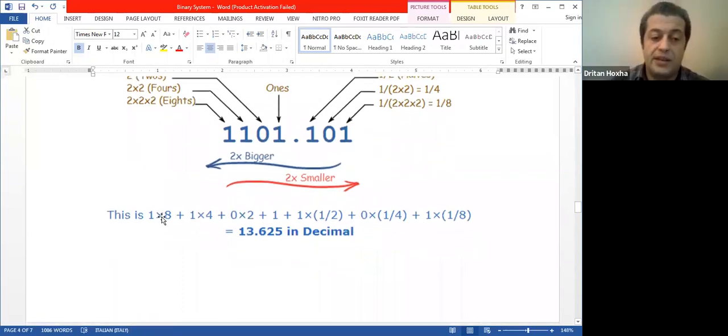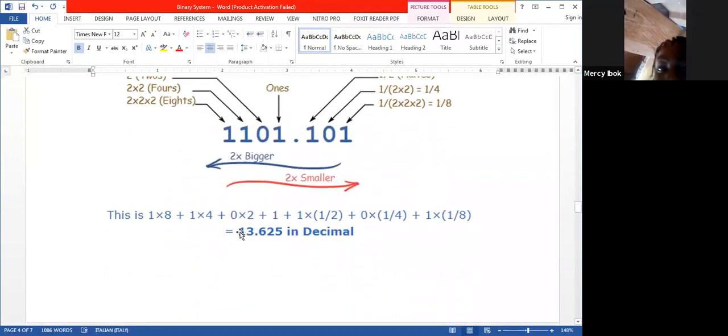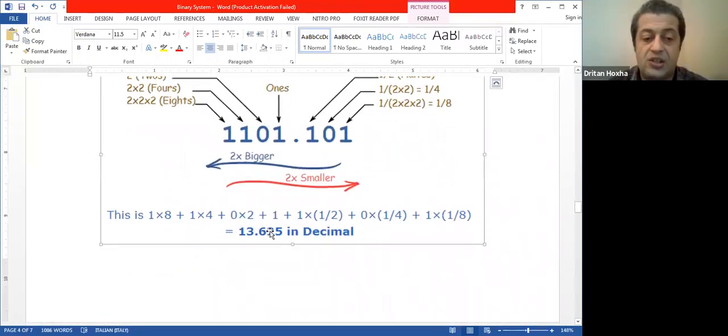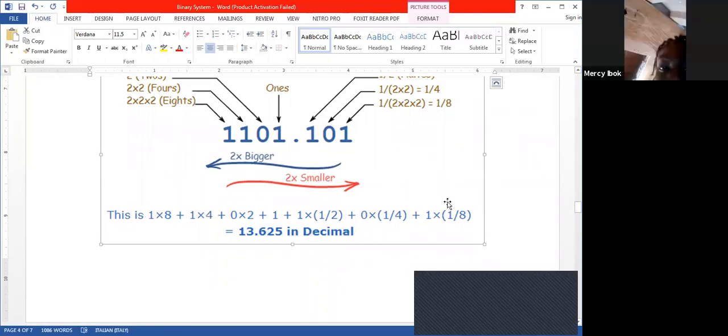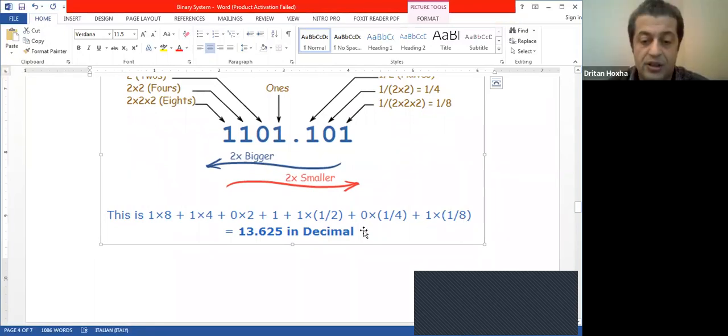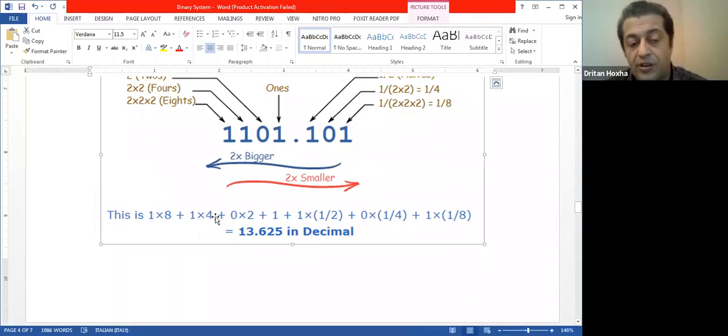So if we want to write the number 13.625 in decimal in the binary system, we should write 1 eight plus 1 four, they are 12, plus 0 twos and plus 1 one.